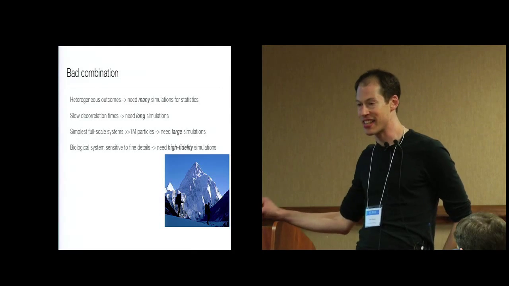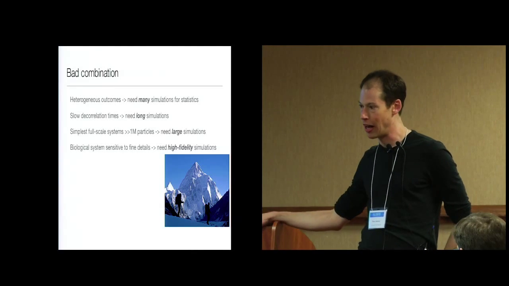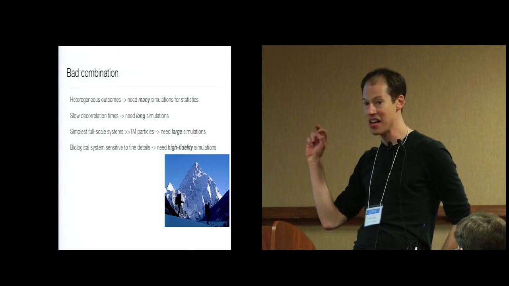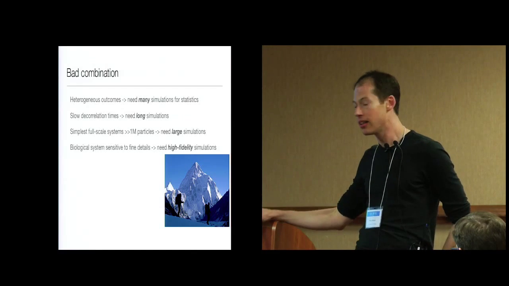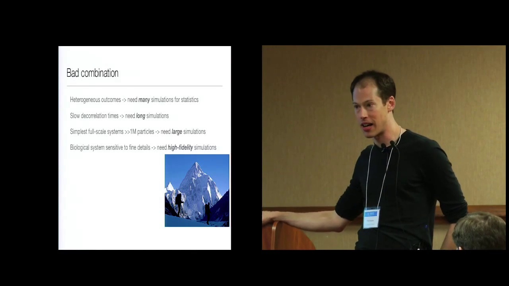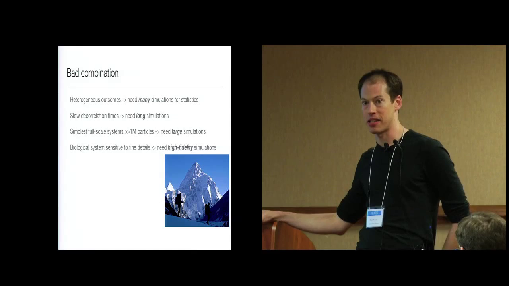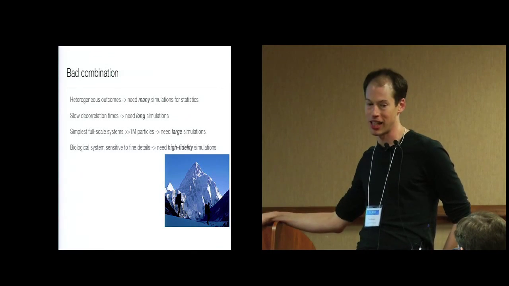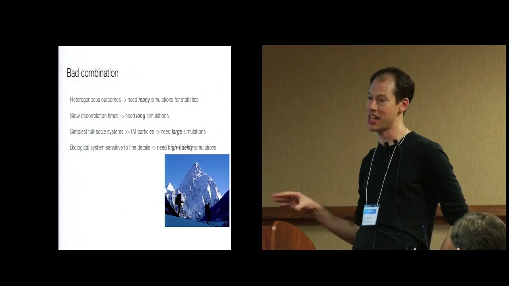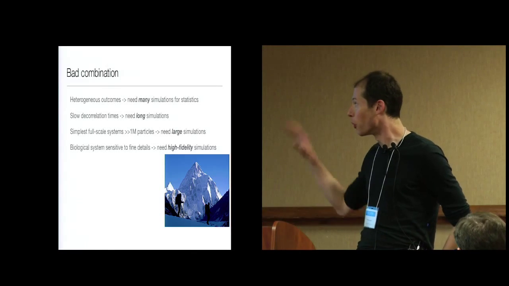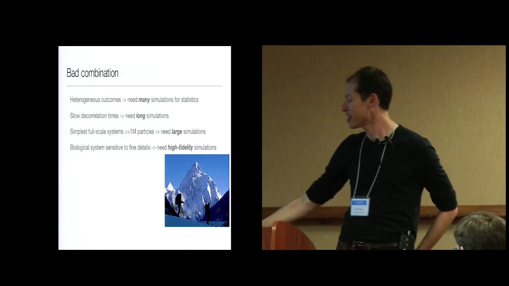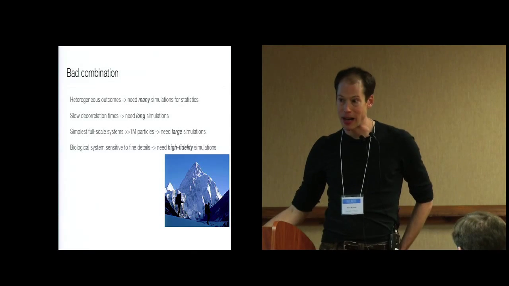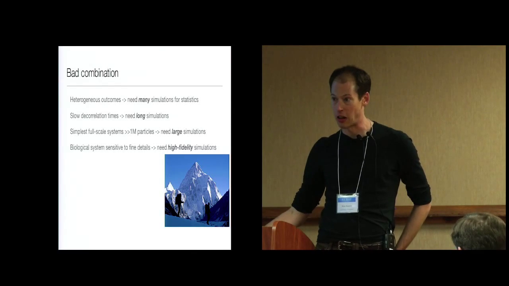And then finally, this is a classic example of biological effects where some fairly subtle perturbations can cause substantial differences in the biological outcomes. So we need relatively high fidelity simulations, at least in key areas. So this obviously is enough to keep a lot of us busy for a long time.